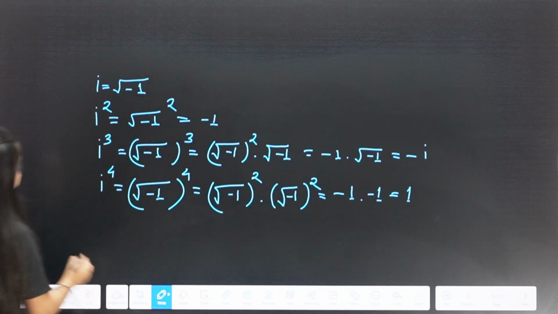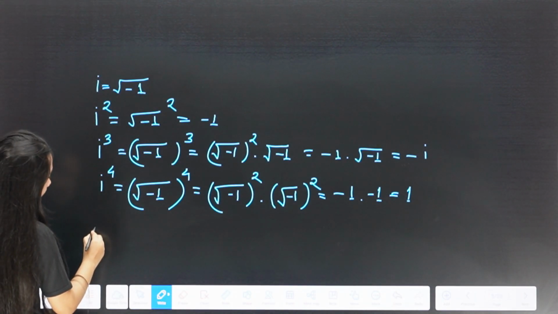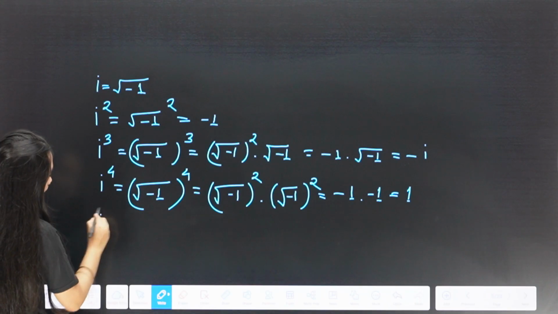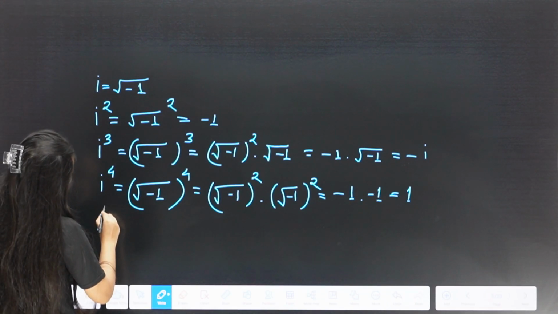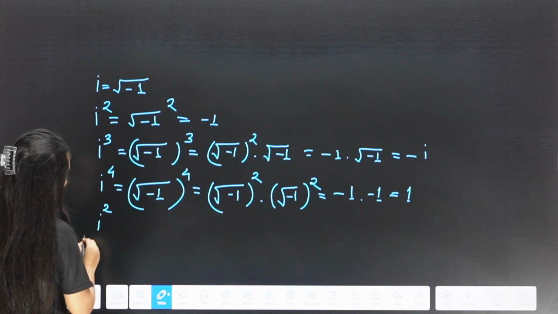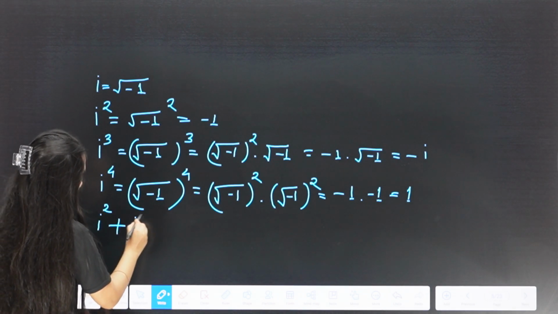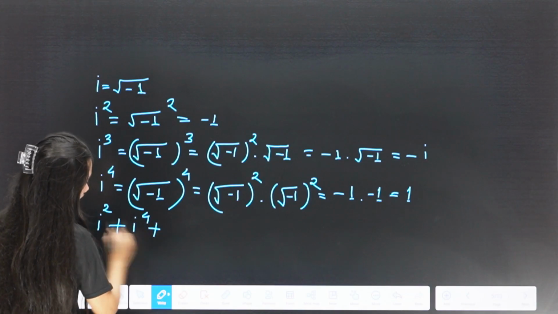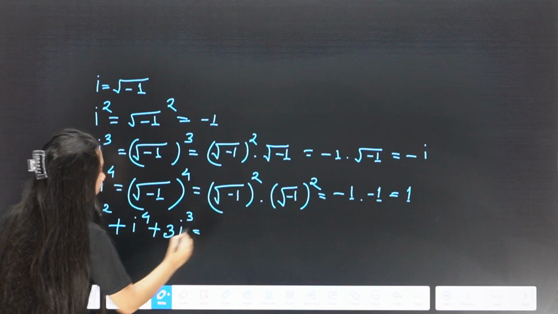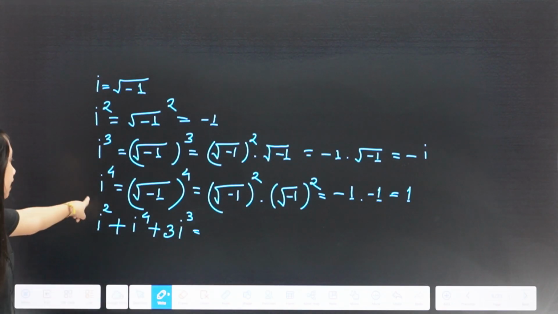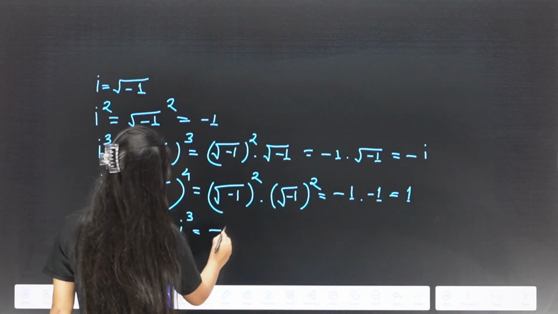If we are asked to find a value, suppose i square plus i to the power 4 plus 3i cube, what will be the value? We know that i square is minus 1.